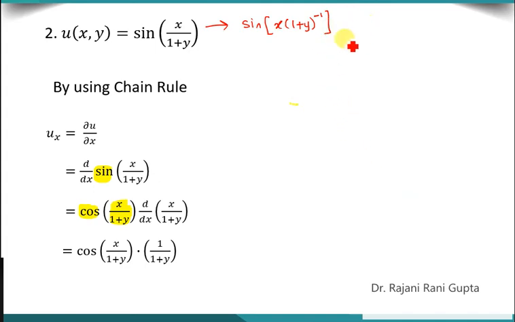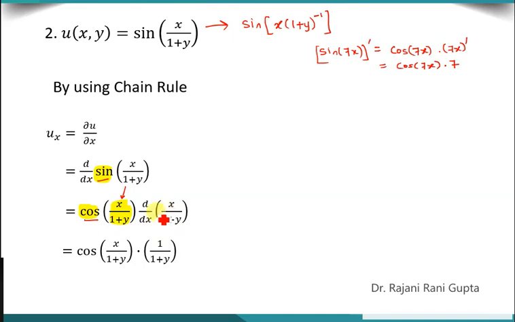If you remember, if we have sine of 7x and need to differentiate it, the derivative of sine is cosine, the angle remains the same, times the derivative of 7x. So it is cosine 7x times 7, because the derivative of 7 into x is 7. We use the same concept here. Sine becomes cos, the argument remains the same, times the derivative of this argument.